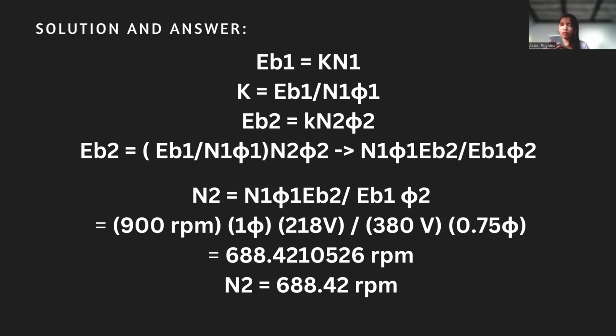So, let's compute. 900 RPM times 1 times EB2 which is 218 volts over 380 times 0.75.